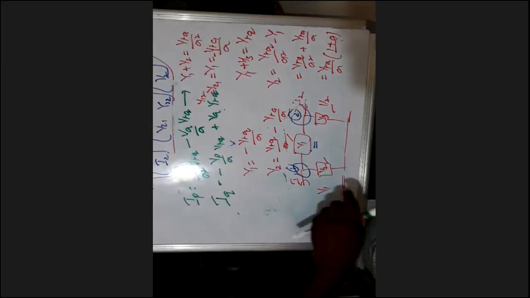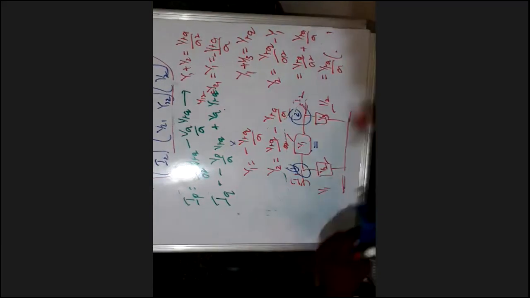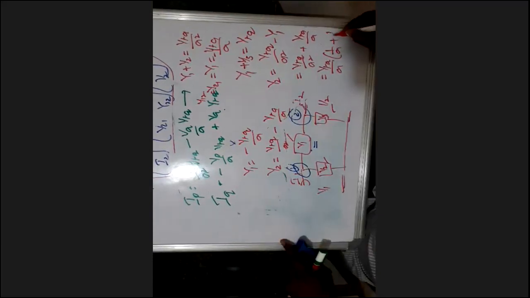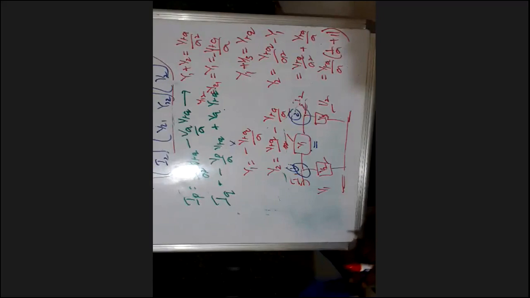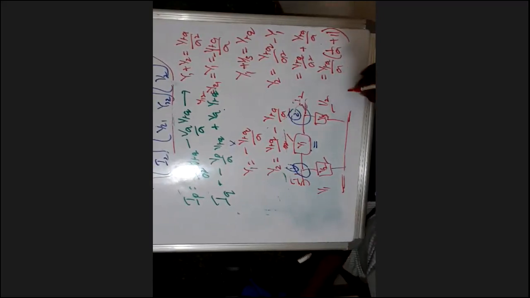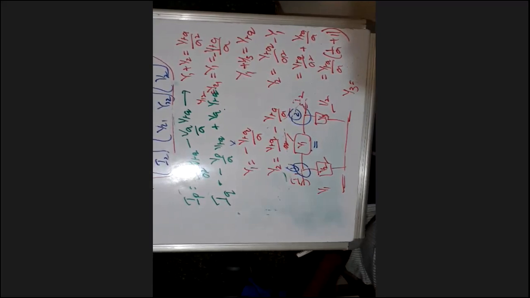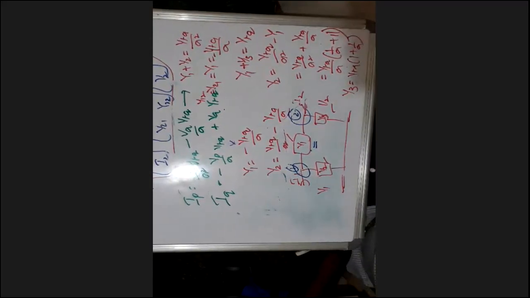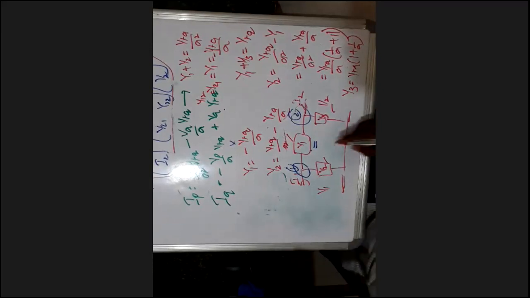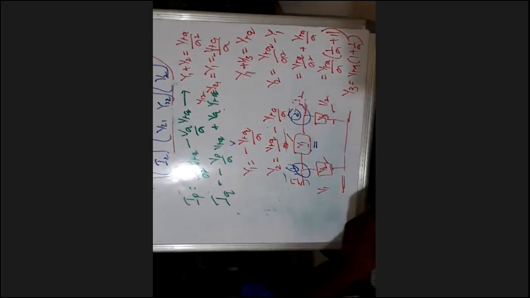Right, 1 by A plus 1. That is the Y2 value. Similarly, what is Y3? YTQ into 1 plus 1 by A, 1 by A. So now I have Y1, Y2, Y3.